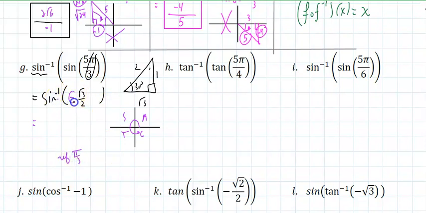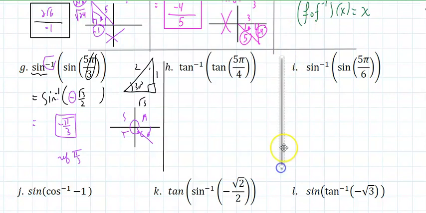Since the inverse sine is negative, wouldn't that be simply negative pi over 3? I can never start an inverse sine and get an answer that is bigger than pi over 2, because that will exceed the first quadrant and that wouldn't be 1 to 1 anymore.